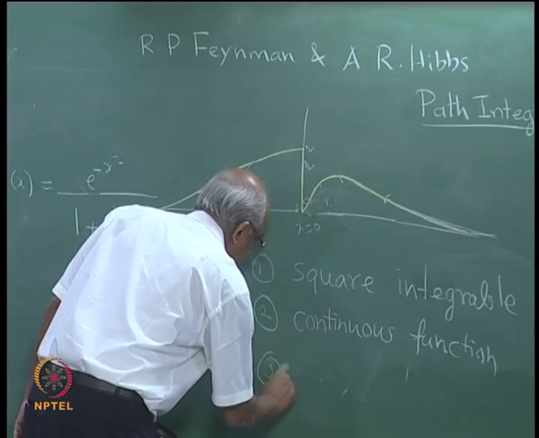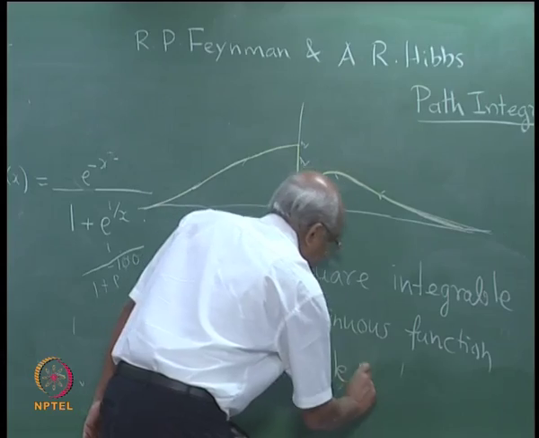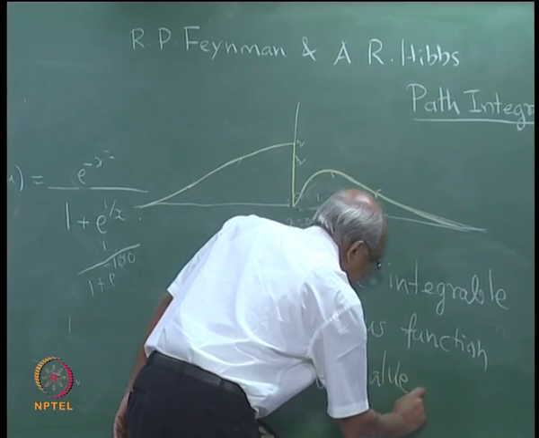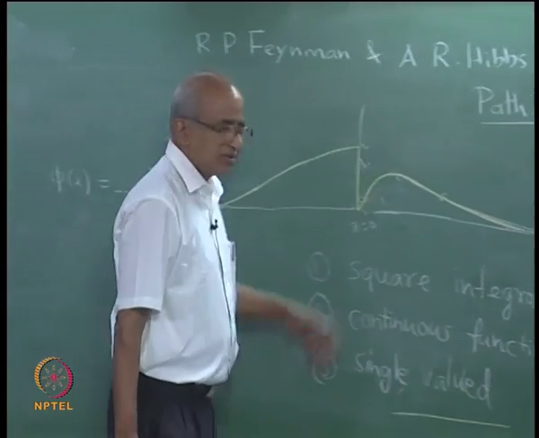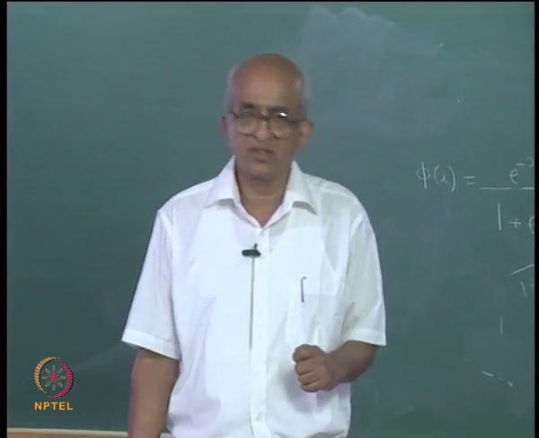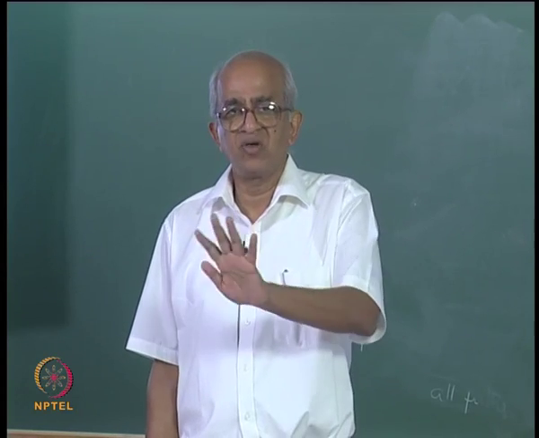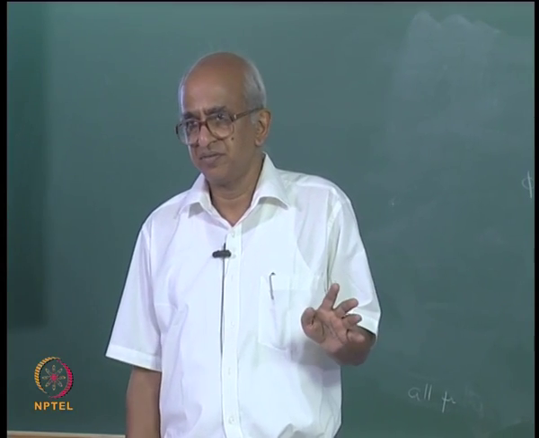The third is that it has to be single valued, at any point it can have only one value. So these three conditions have to be satisfied by any wave function which is acceptable. If these conditions are not satisfied, then my wave function is not acceptable and I am not going to take such a wave function.